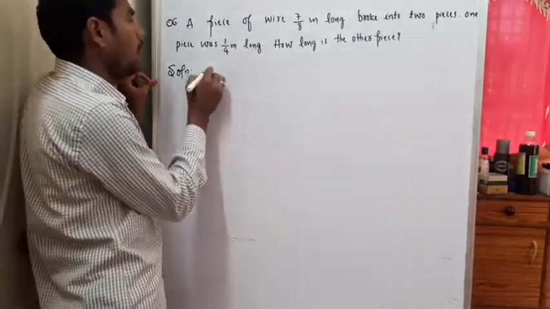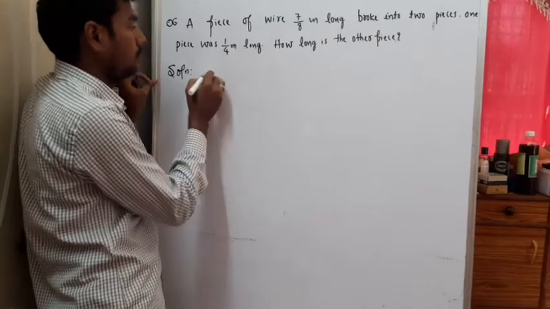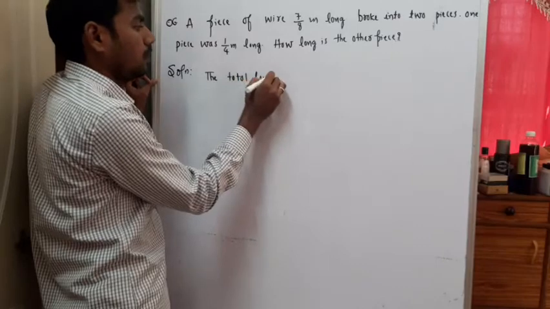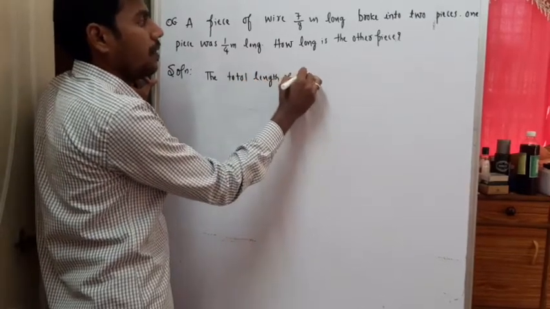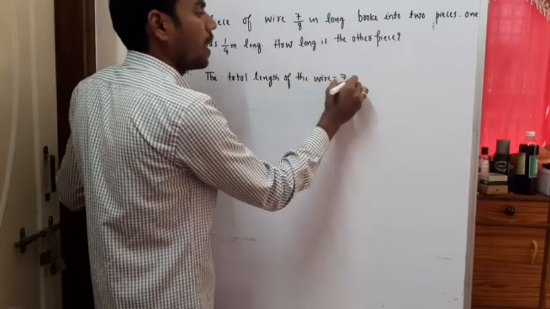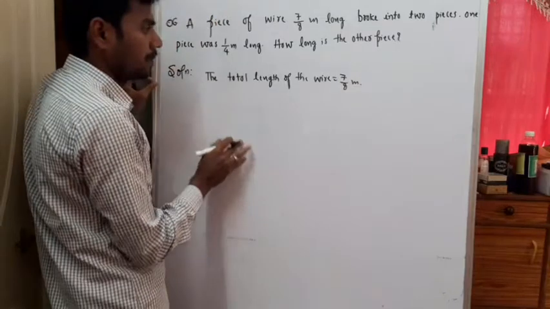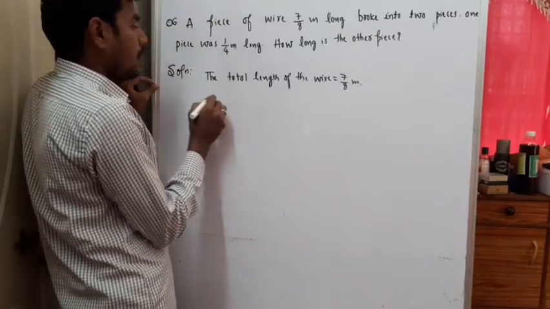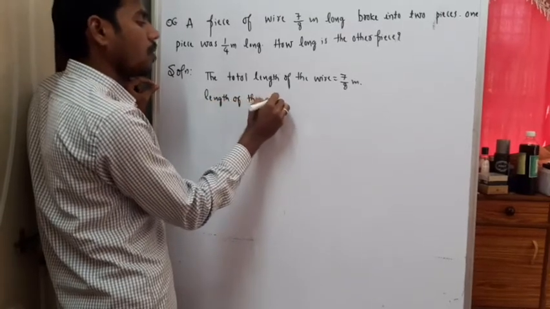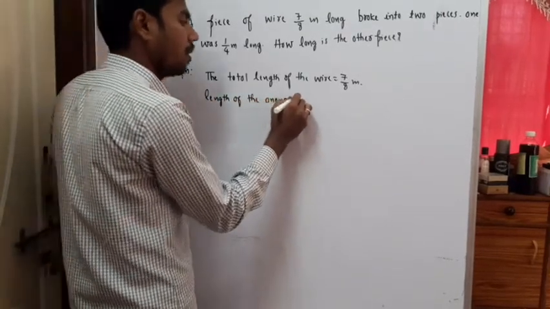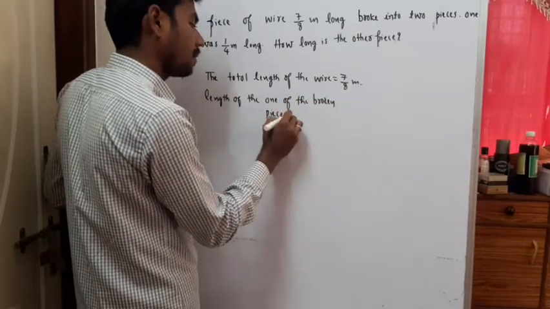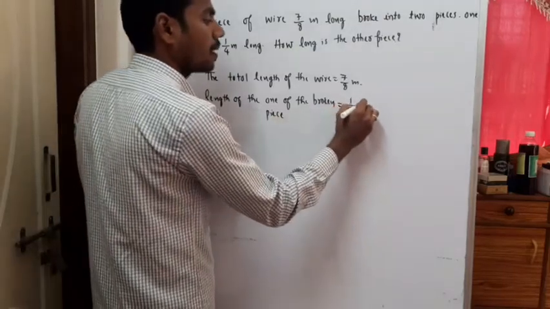See, the total length of the wire. Length of the wire is equal to 7 by 8 meter. So length of one of the broken pieces is equal to 1 by 4 meter.